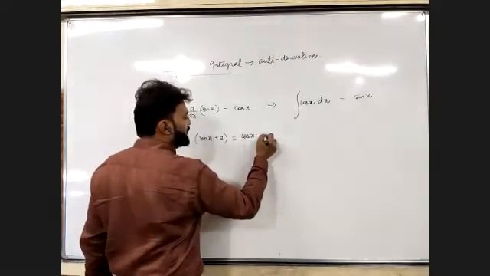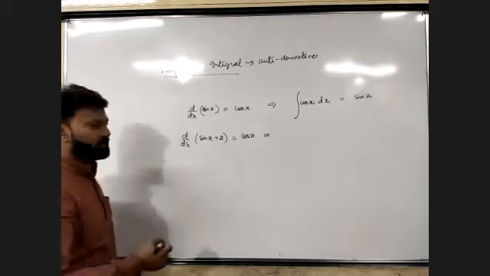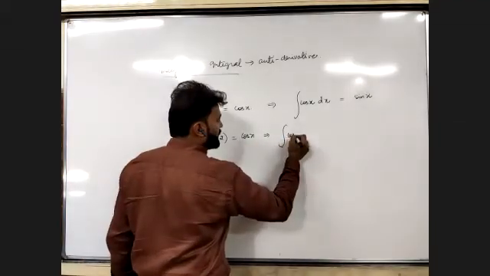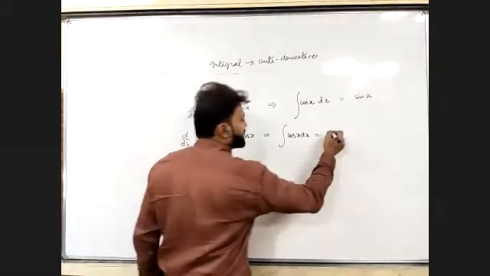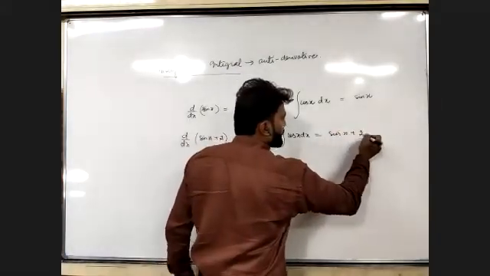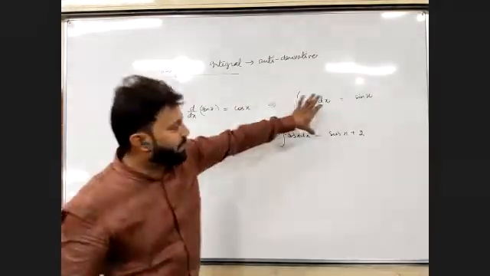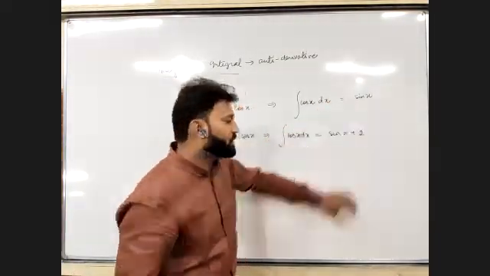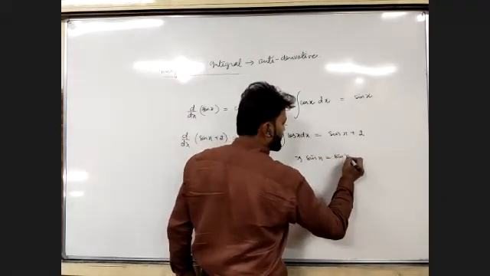Now write this in terms of integration. This will be integral of cos x dx is equal to sin x plus 2. If the LHS of two equations are equal, their RHS should also be equal. So can we now say that sin x is equal to sin x plus 2?